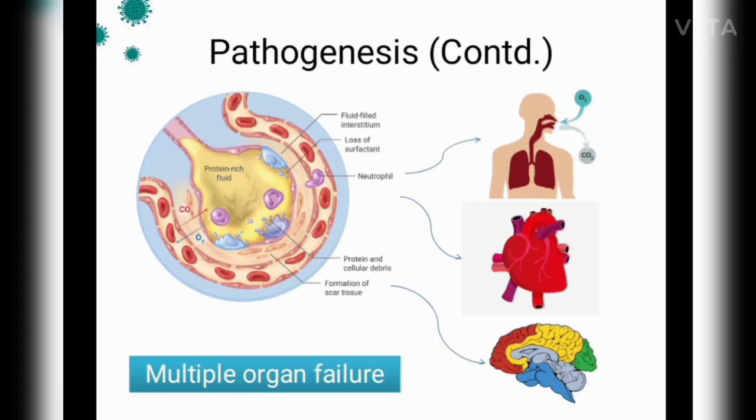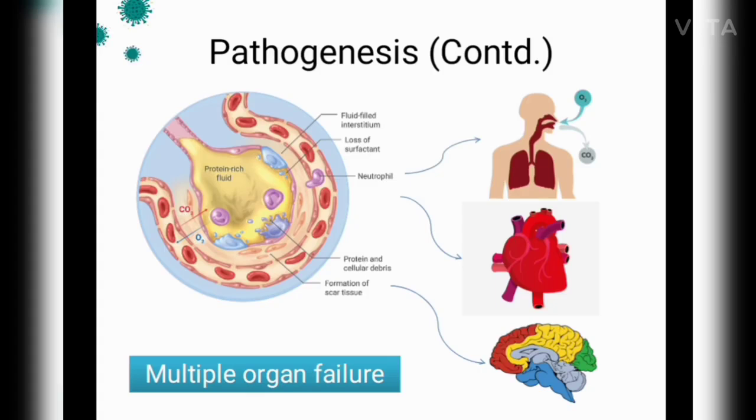This results in a condition called hypoxemia, which is nothing but a decrease in the oxygen concentration in the blood. Now, the inflammatory cytokines attract the neutrophils. They start killing the virus or virus-infected cells.